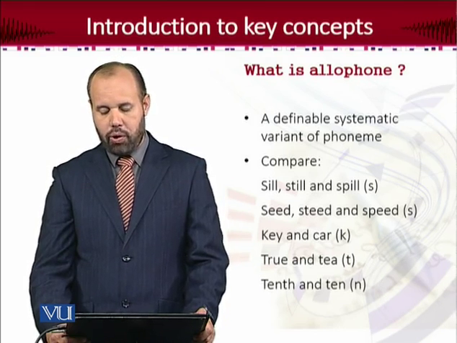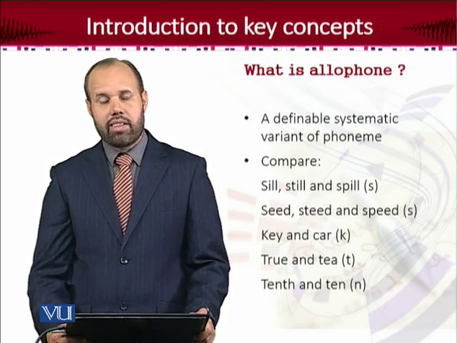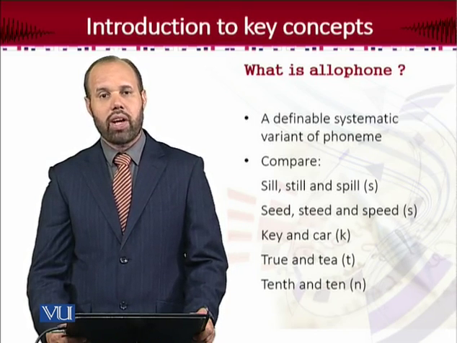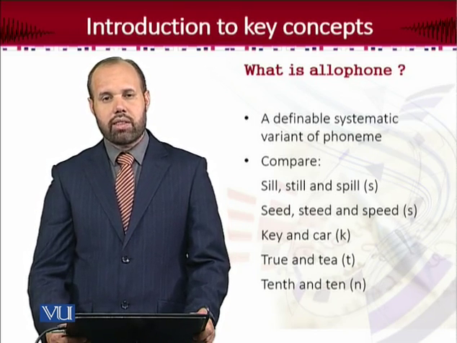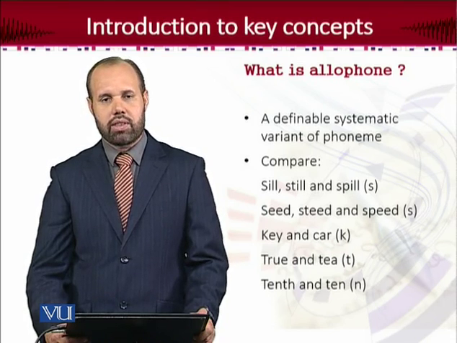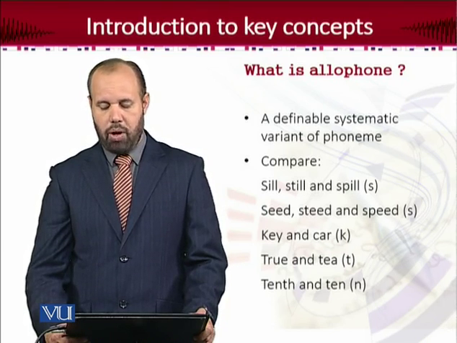And one more example, tenth and ten. The n in tenth is basically a dental n, but the n sound in ten is more alveolar. That's the difference. Otherwise this is the same phoneme n, but both have various alternations, various differences, and the properties are different.